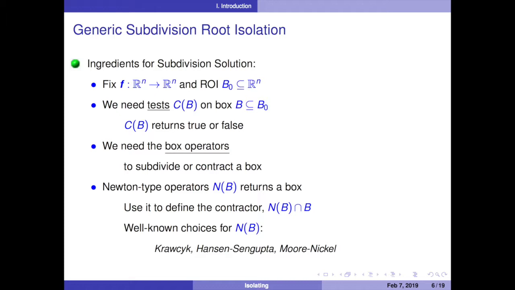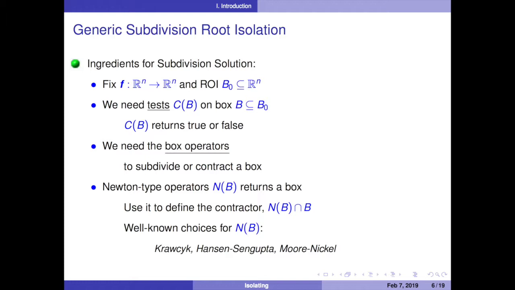Actually, contraction I just mention in case you think about it, but we're going to mainly focus on subdivision. When you do Newton methods, this is very important. And I'm going to write N of B as a Newton operator, which given B returns another box.